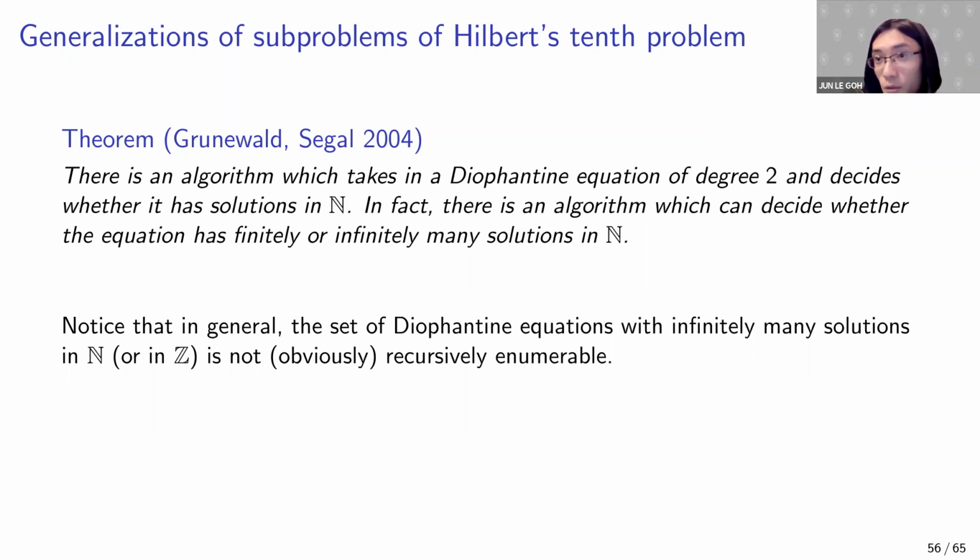Maybe there are still more solutions out there. And even if there are more solutions out there, how do you know that there are infinitely many or finitely many? So this is not something that we can figure out by brute force, so to speak. This is a more complicated question than the question of whether there is a solution or not.